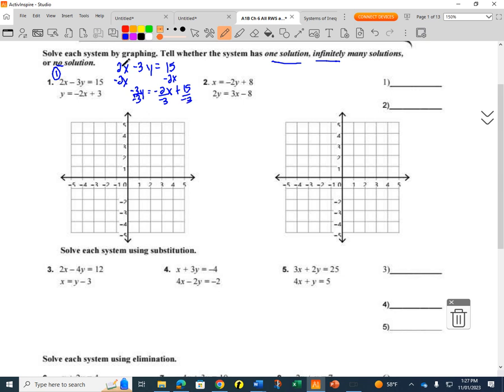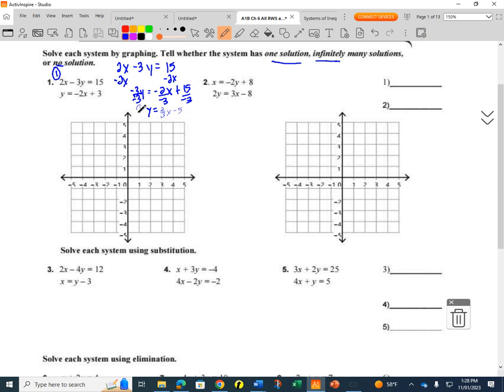So our first equation here is going to be y equals, that's a negative divided by negative, so that's positive 2/3 x, and this is 15 divided by negative 3, so that's minus 5.